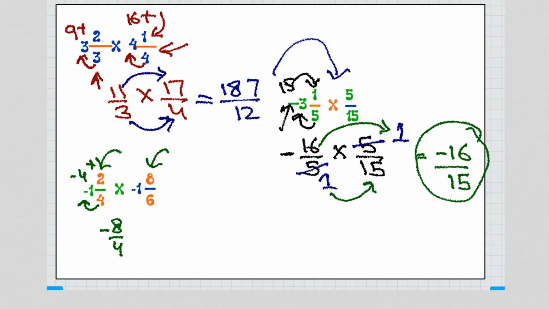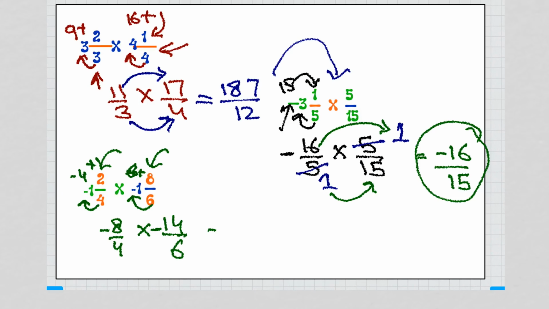The denominator always remains the same. Then you write the times sign. Then 6 times minus 1 is minus 6. Plus 8. 6 times 1 is 6. Plus 8 is 14 over 6. Also write down the minus sign.